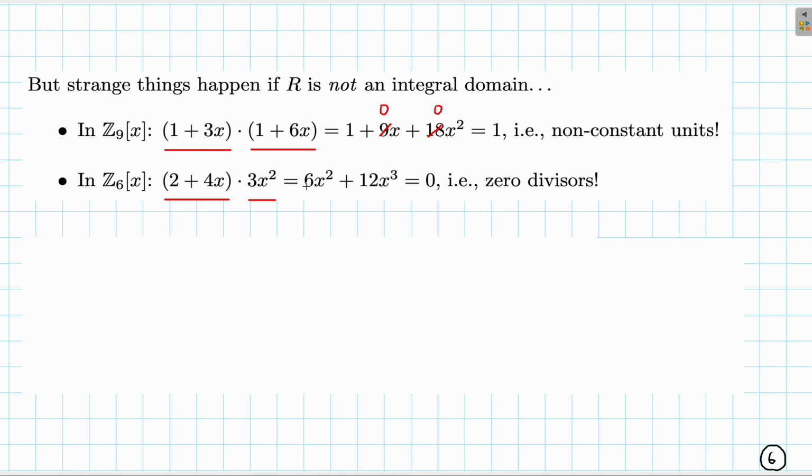So 6 is equal to 0 in Z6, also 12 equals 0 in Z6, and therefore their product is 0. We have a pair of non-zero polynomials, 2 plus 4x and 3x squared, that multiply together to be 0. In other words, we have zero divisors in Z6[x]. Again, very strange indeed.